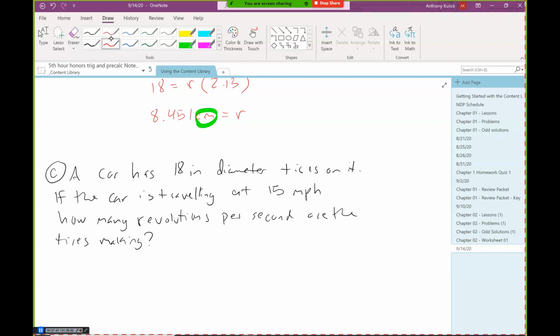Okay. So I'm just going to treat this as a unit conversion problem. I need to convert this rate of miles per hour into this rate of revolutions per second. So I can rewrite 15 miles per hour as 15 miles over 1 hour.